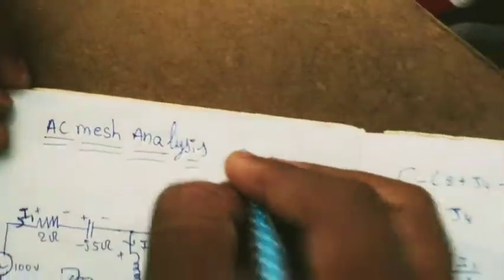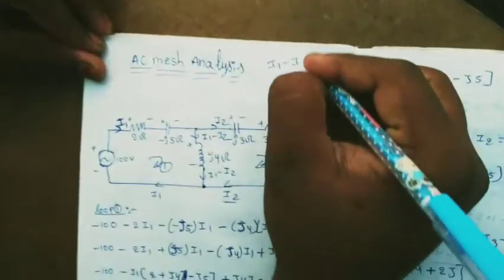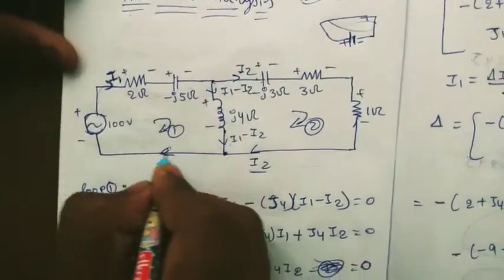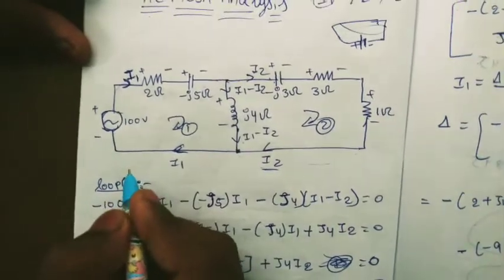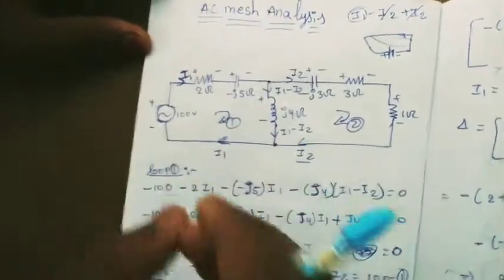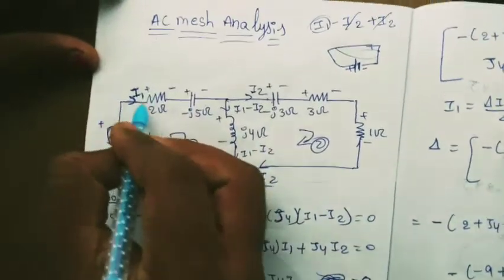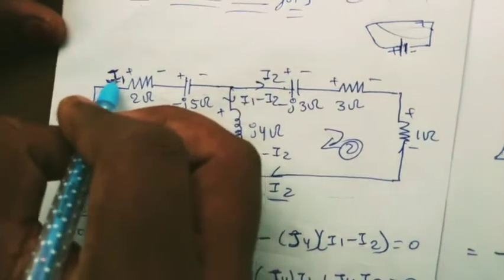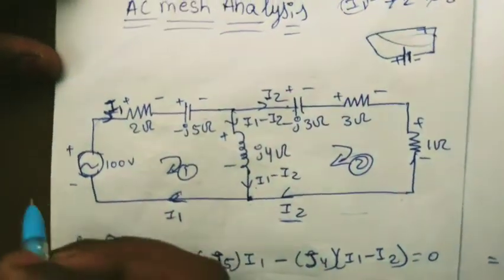In the sense, I1 minus I2 plus this current I2 comes over here, and by cancelling these two we get I1. So I1 goes here, and whichever current goes out from here should end with that same current, so I1 goes and I1 returns.